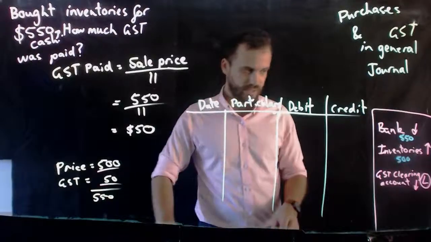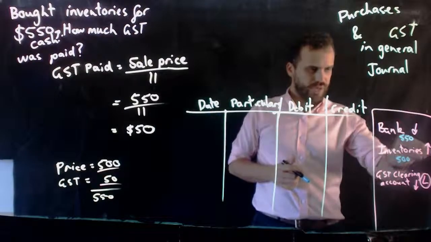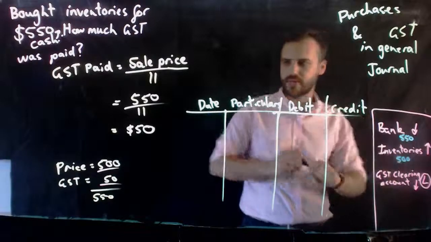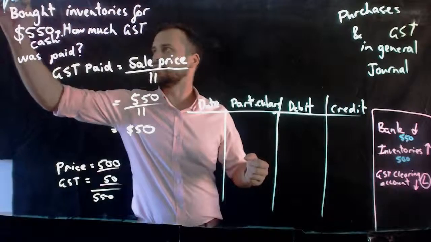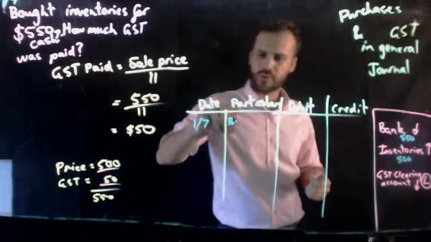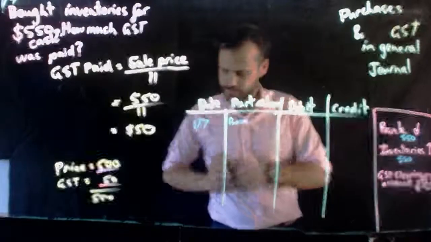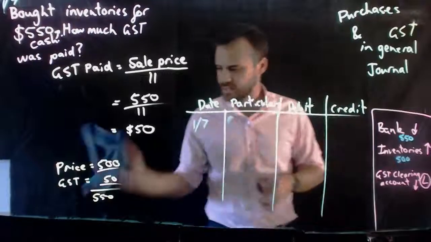Okay, so filling out our general journal. Inventories are a debit account, and they went up. Okay, so let's give it a date. 1st of July. It's always the 1st of July. Sorry, I'm doing a transaction analysis table.